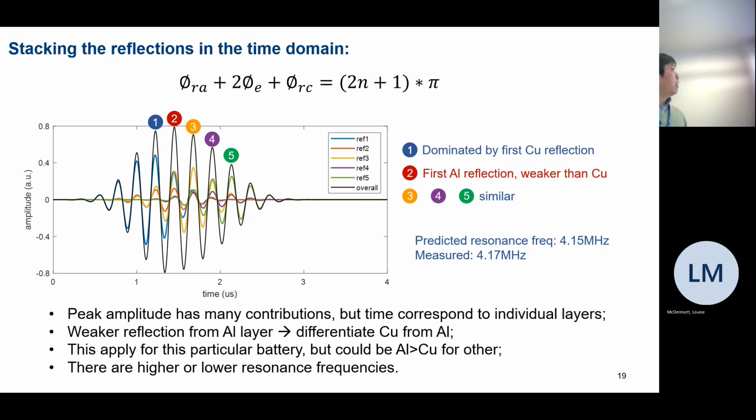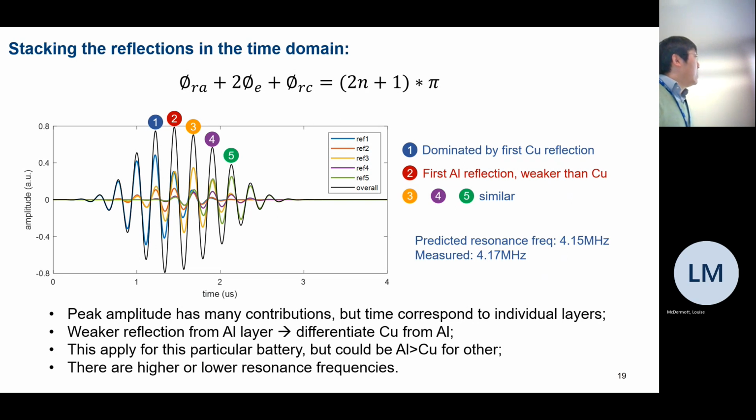So the R in the subscript means reflection. A means aluminium, C means copper, and E means the electrodes in between. So these are the phase shifts, and how they are contributing to the formation of resonances.